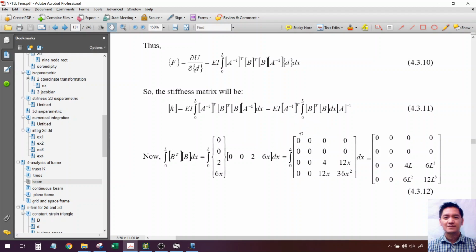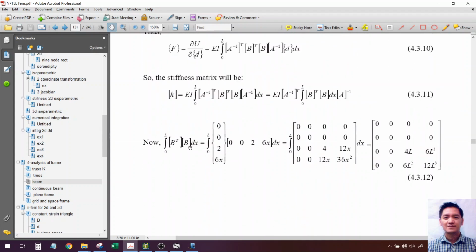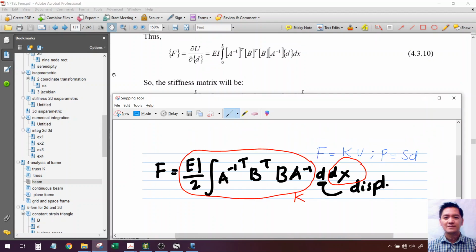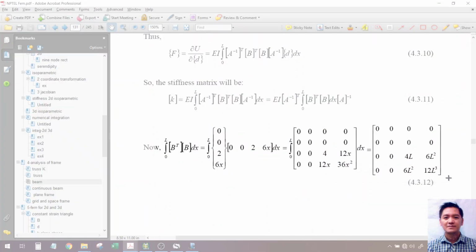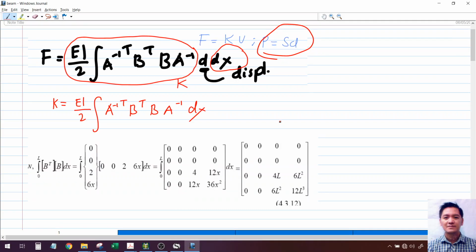So, focus muna tayo sa B matrix. Kasi ano naman na to, given na yung A inverse kanina, alam na yan.